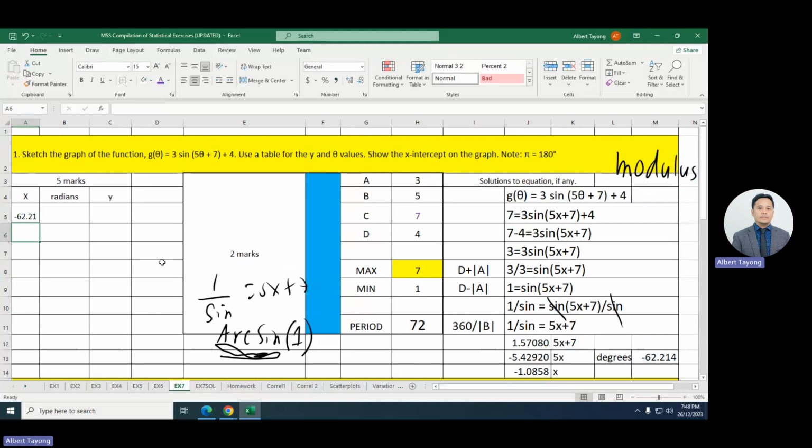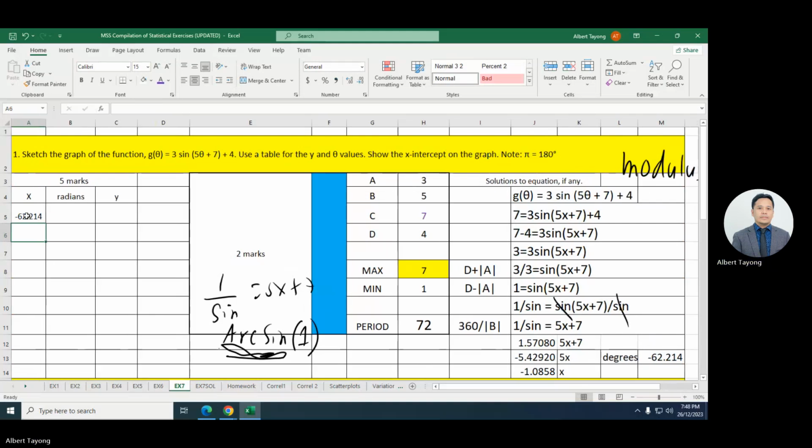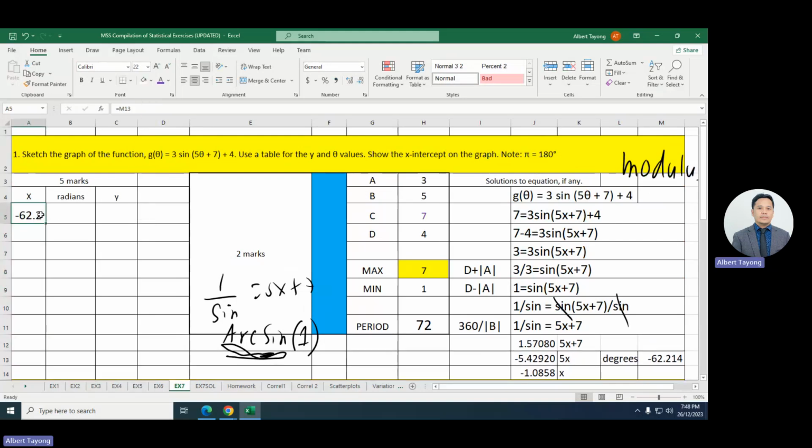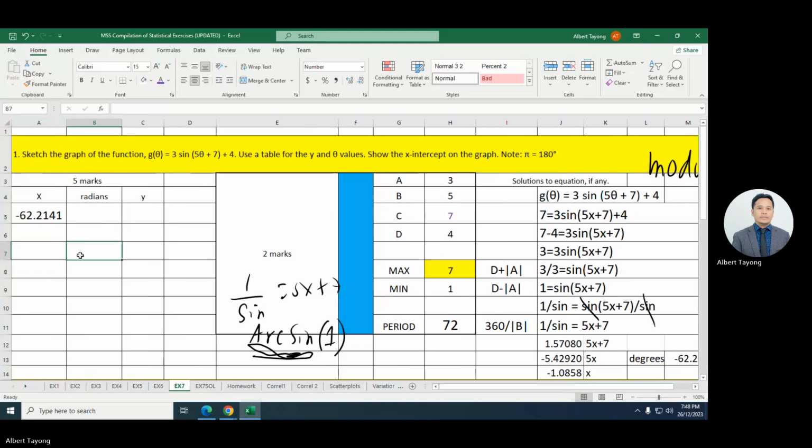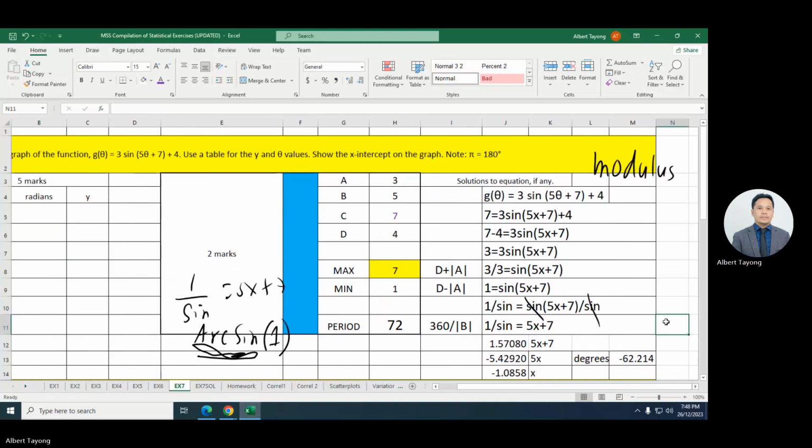Okay, enter. Put it there. Again, here equals, select the degree. What is our degree? Okay, so that will be here.